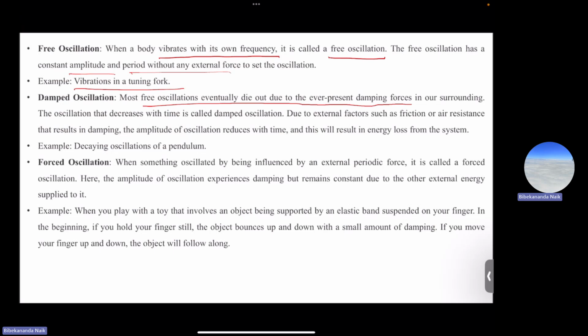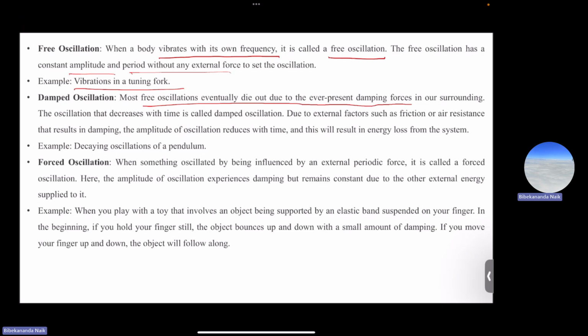For example, if you oscillate a pendulum, there is air drag, an opposing force from the air, because air has some density, and that helps in reducing the amplitude. The oscillation is then called damped oscillation.